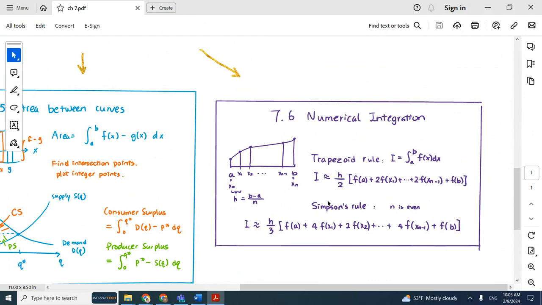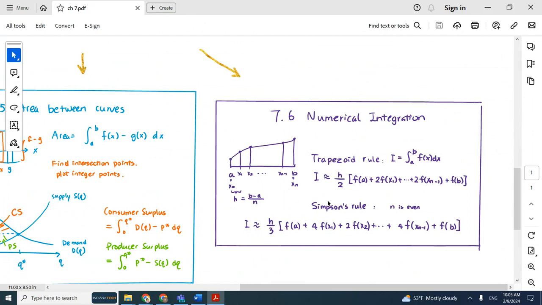After you figure that out, we have two rules, trapezoid rule and Simpson's rule. The formula is very similar. The trapezoid rule is h over 2. The Simpson's rule is h over 3. And how do I remember? In the trapezoid rule, you're using a trapezoid, so you're using 2 points to estimate it. Right, everybody? Because there's a secant line passing through 2 points. Therefore, you divide by 2.